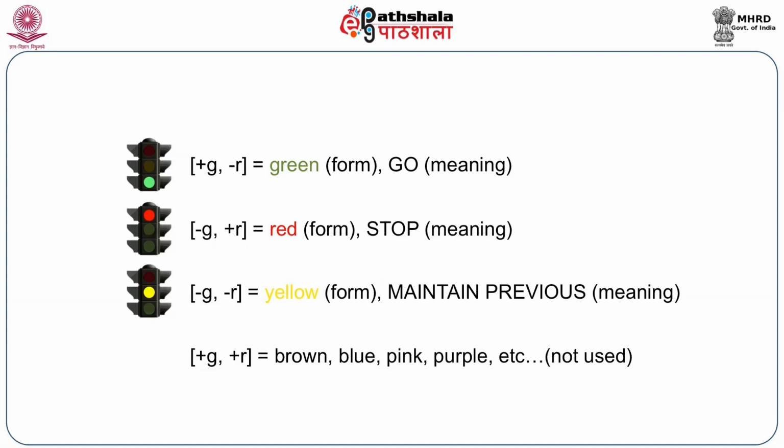When a light is minus green minus red, it is yellow in form, and its meaning is maintain previous meaning. Plus green plus red would be any other color, brown, blue, pink, purple, etc. But this meaning is just not employed in the traffic signal system.